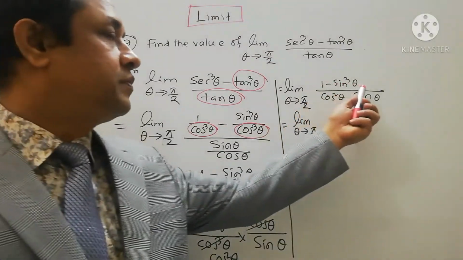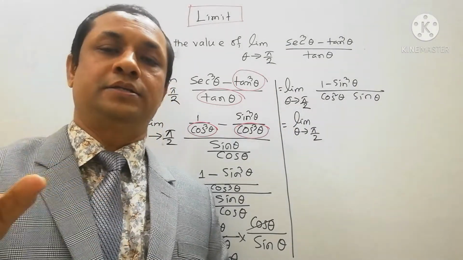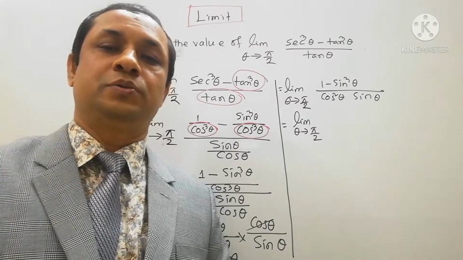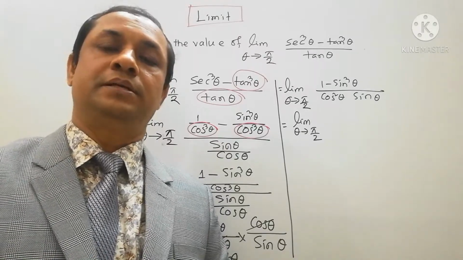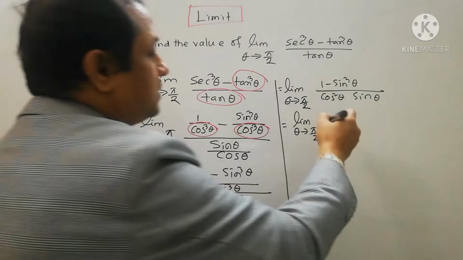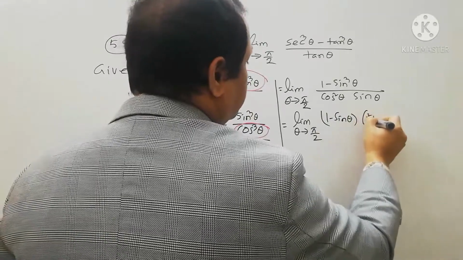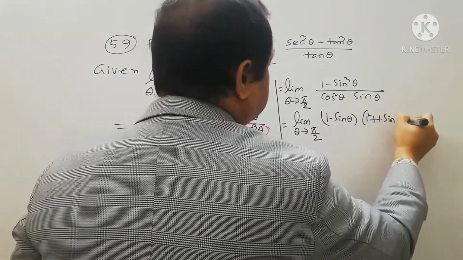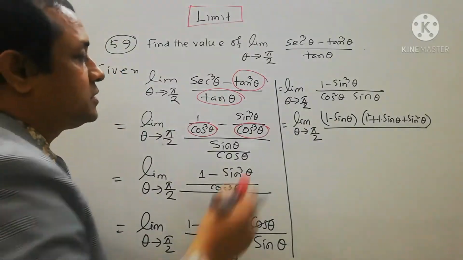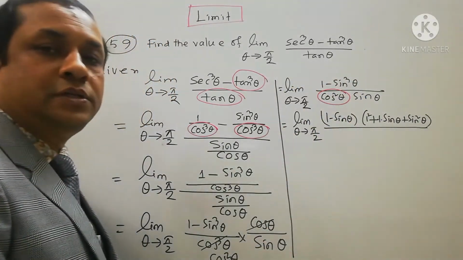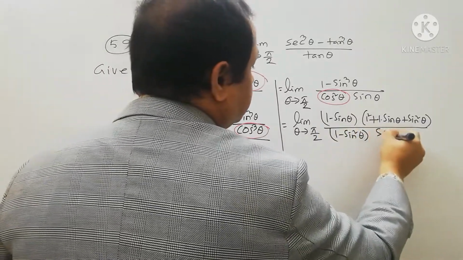Again using a formula, in the numerator a cube minus b cube. We know that a cube minus b cube equals a minus b into a square plus ab plus b square. Now in the denominator, we know that cos square theta equals 1 minus sin square theta, and sin theta.